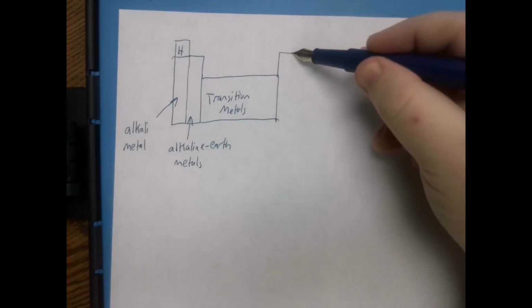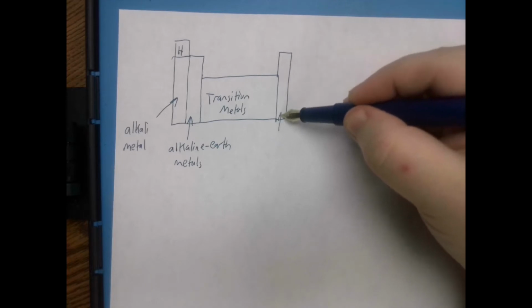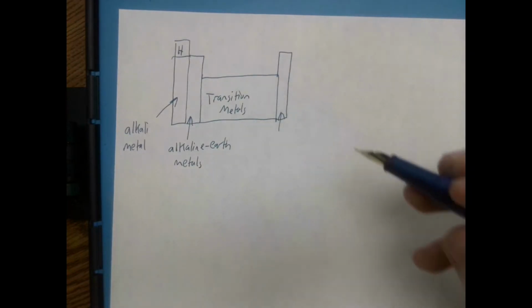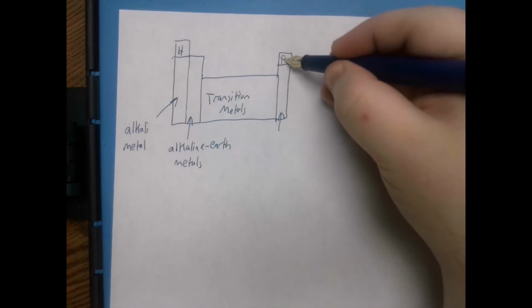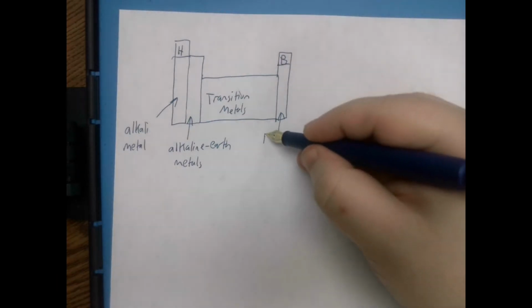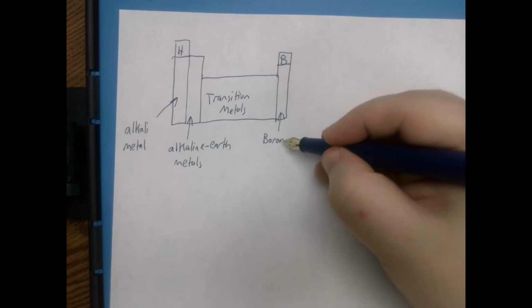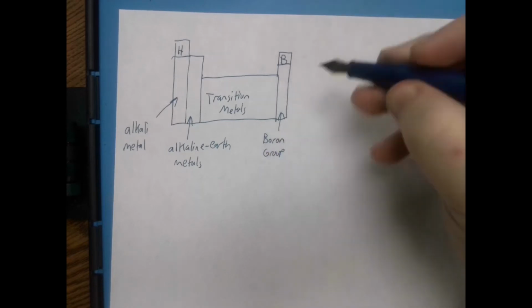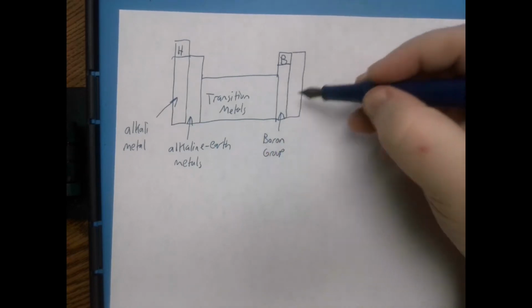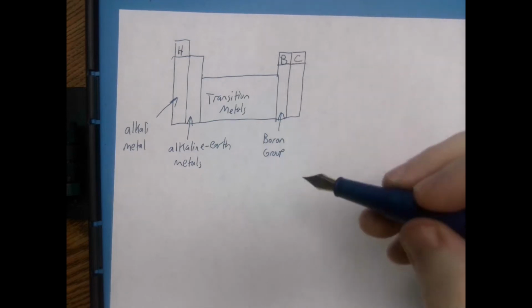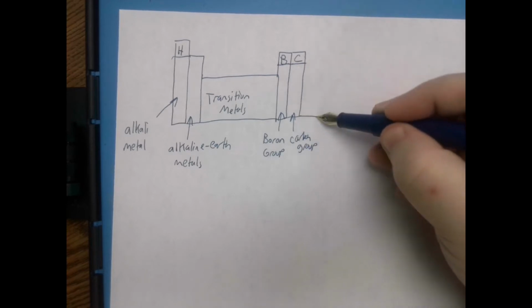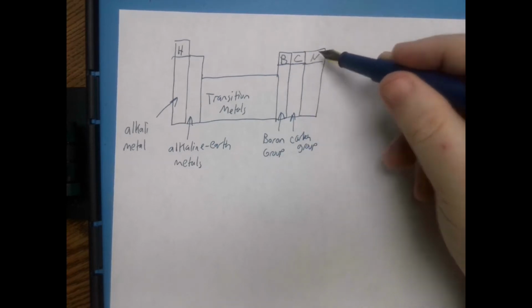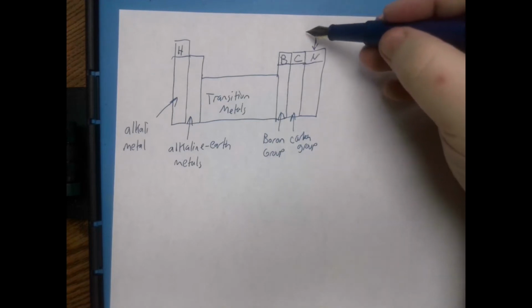What is the next group here called? The boron group or family. Then the ones after the transition: that's the carbon group. The next one's the nitrogen group, and then the oxygen group.